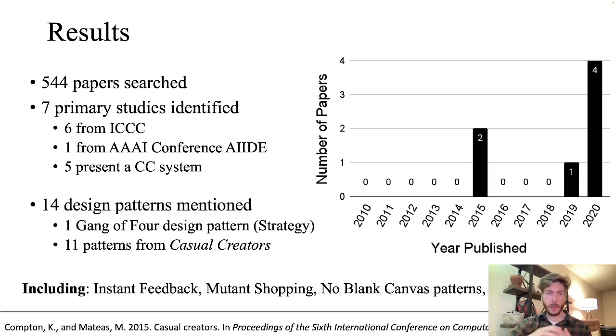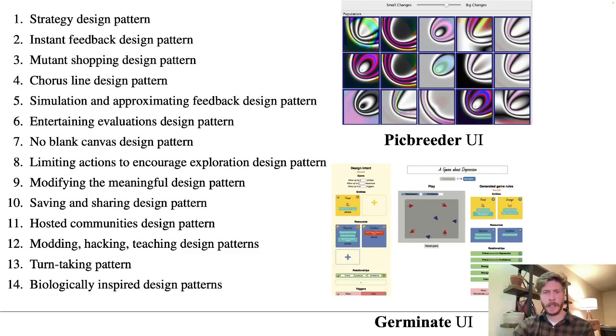And this graph on the right shows how the papers were distributed regarding the year they were published. And while it's interesting to note that a majority of the primary studies were published in 2020, there's so little data that we can't state if it's a trend or not. The 14 design patterns mentioned in the studies are included here.